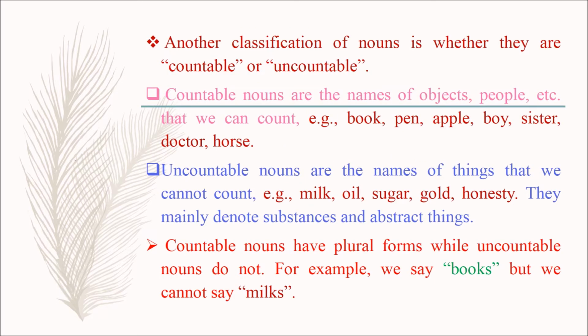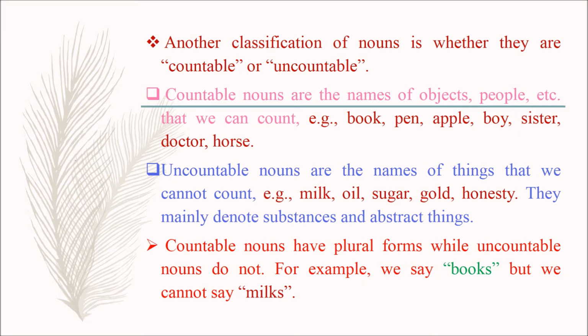Another classification of nouns is whether they are countable or uncountable. Countable nouns are the names of objects, people, etc. that we can count. Examples: book, pen, apple, boy, sister, doctor, horse.